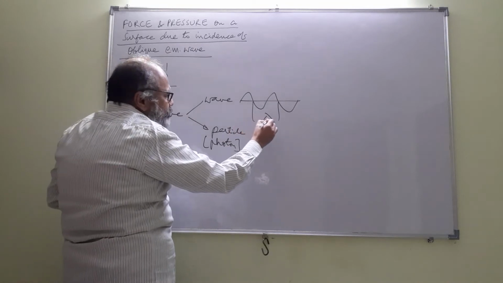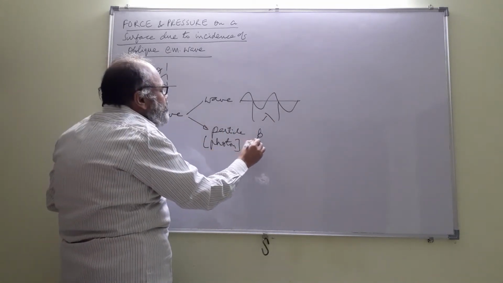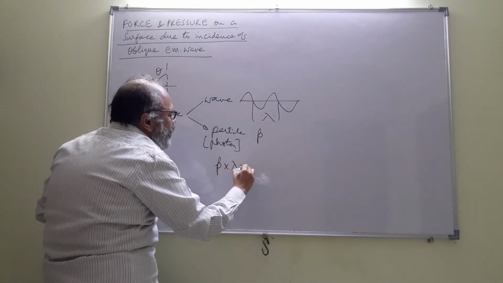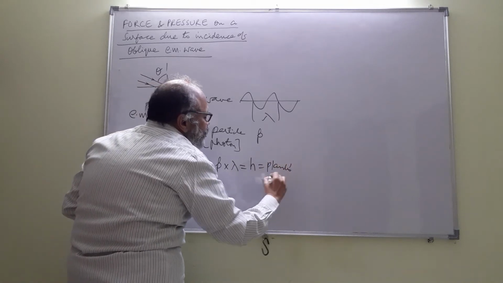The wavelength lambda of the electromagnetic wave and the momentum p of the particle are related as p into lambda is equal to h, which is the Planck's constant.